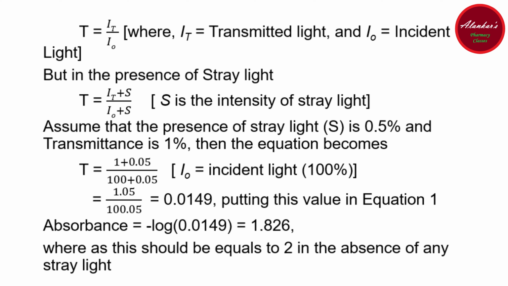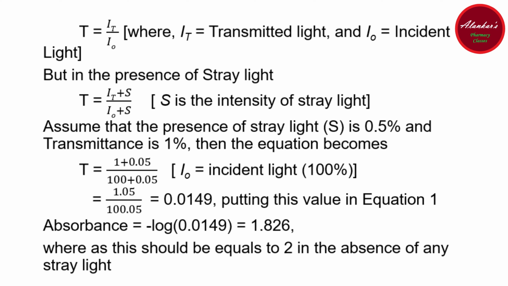But in the presence of stray light, the value of transmittance will be equal to IT plus S divided by I0 plus S. So if we assume that the stray light is just 0.5% and the transmittance is 1%, then the equation becomes T equals 1 plus 0.5 divided by 100 plus 0.5, where I0 is the incident light, which is 100% reaching the detector.